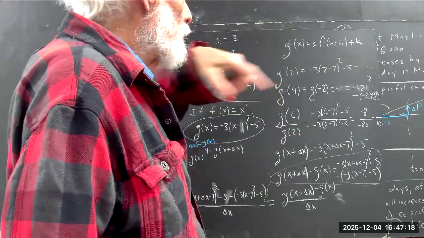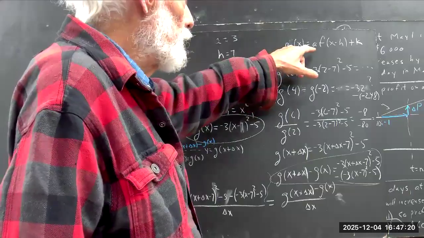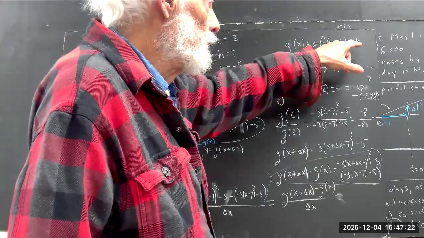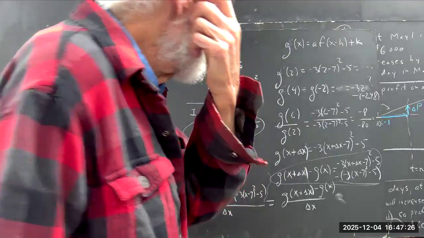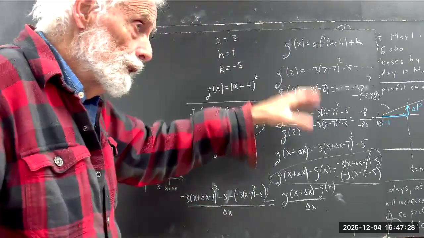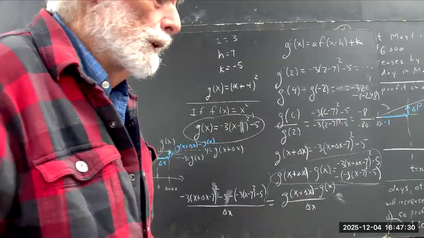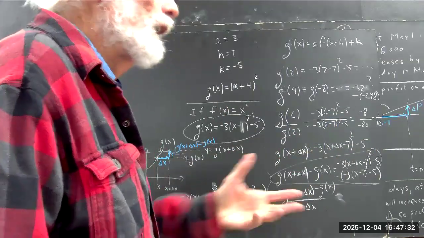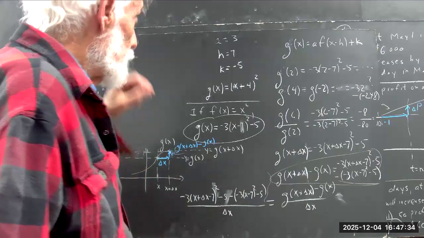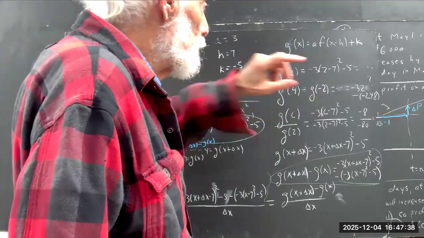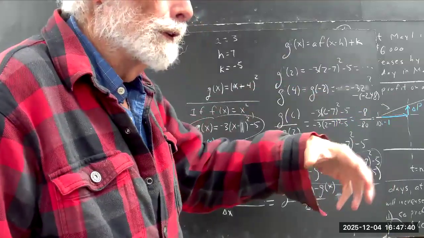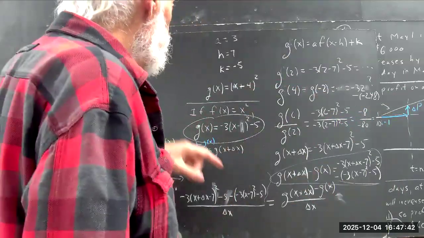Got a function g of x equals a f of x minus h plus k. And the thing I asked people to do while I was gone, which wasn't exactly what's on the document that we're working from, was let f of x be one of the toolkit functions. Pick one, any one.